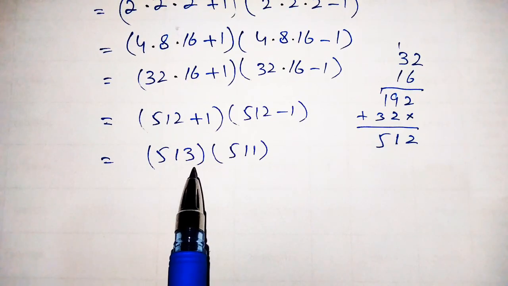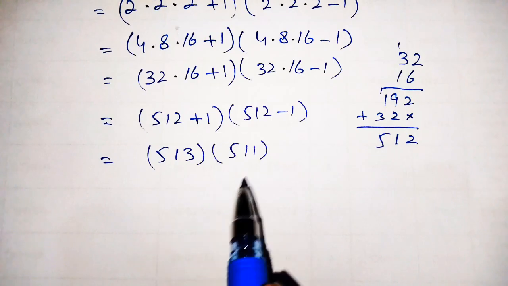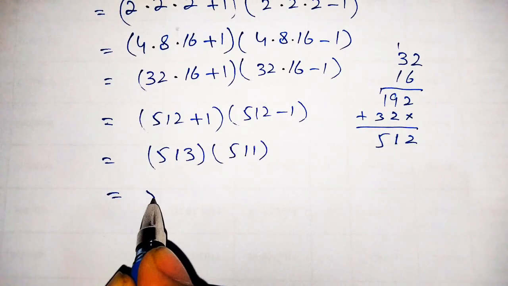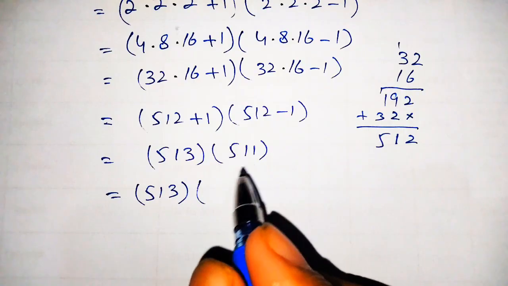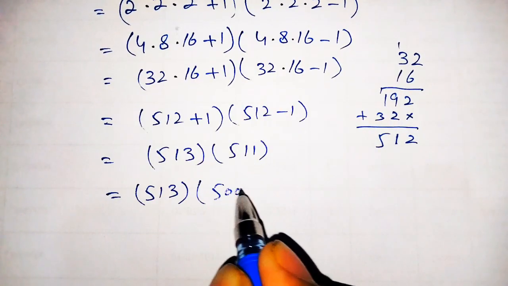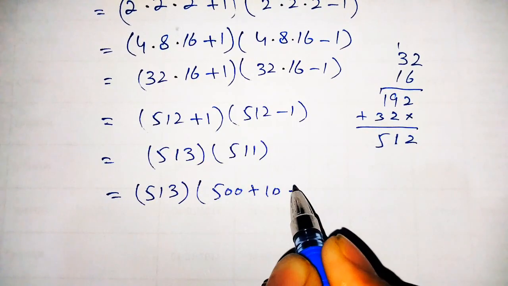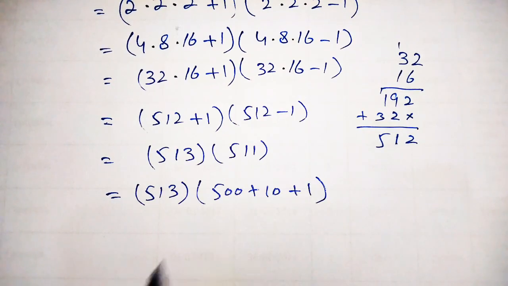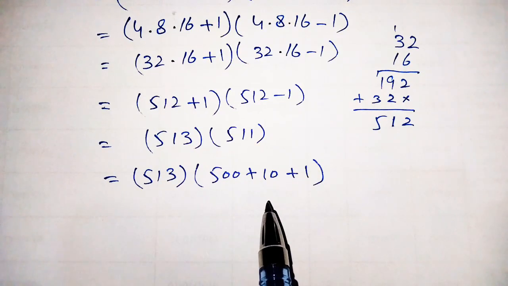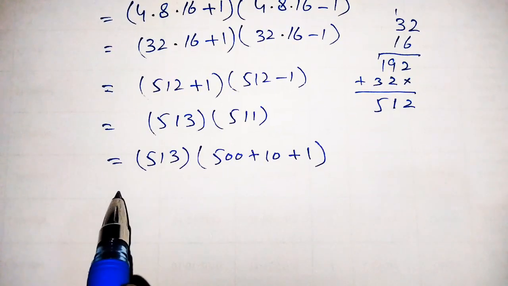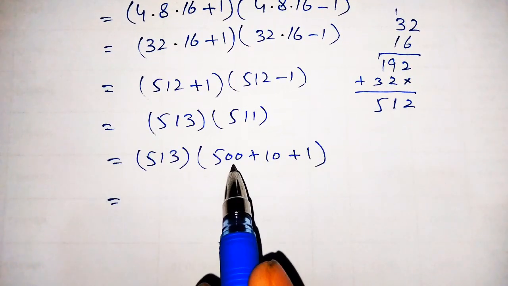If we want to multiply these two terms easily, we can write it as 513 times, and we can break this 511 as 500 plus 10 plus 1, which is equal to 511. Now we can multiply this term inside the bracket very easily. So we will multiply this term with 500.